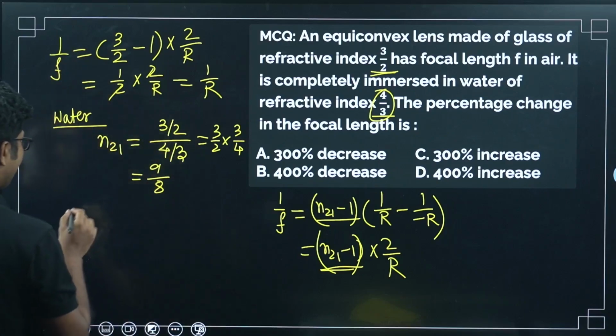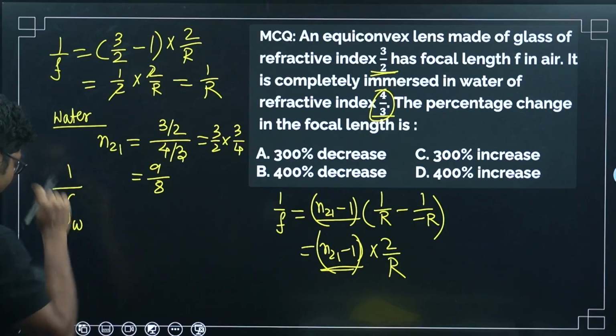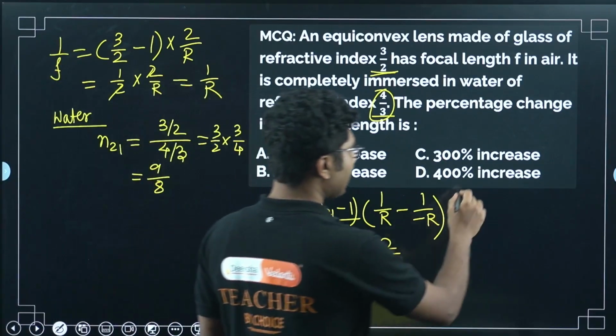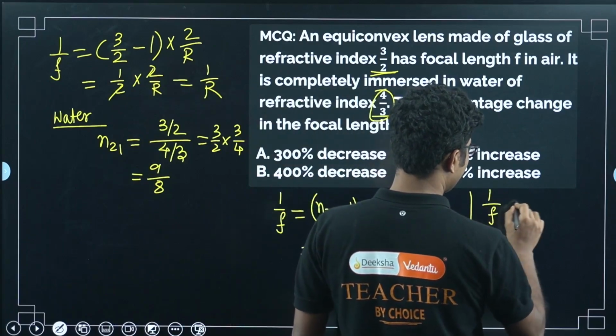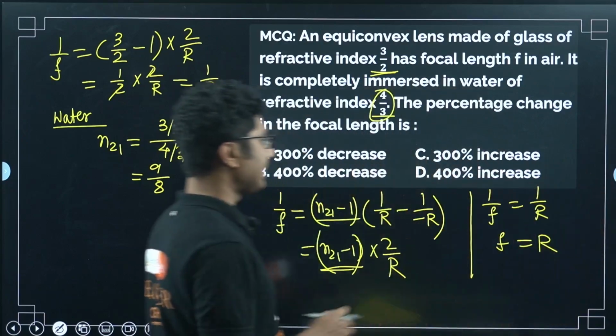Now calculate the focal length in water. 1 by f equals 1 by r. So f equals r. This will save us some time.